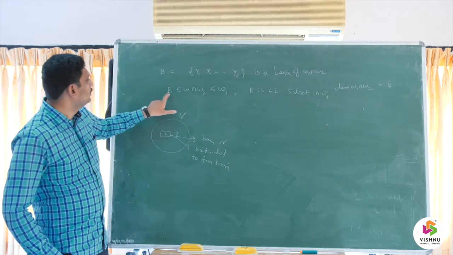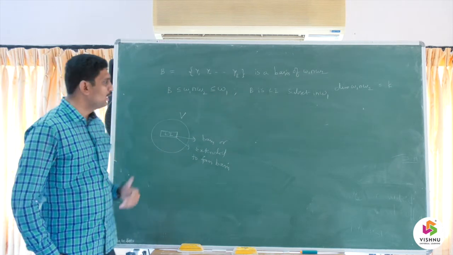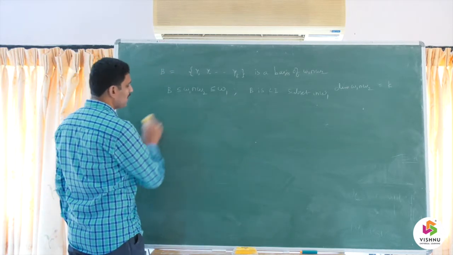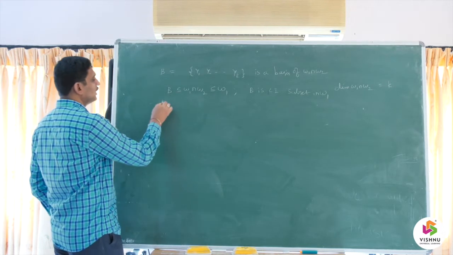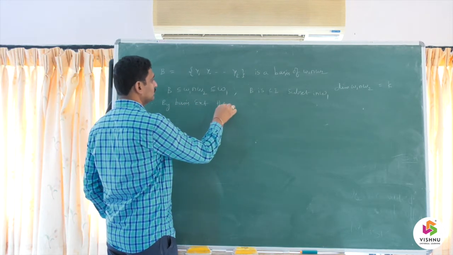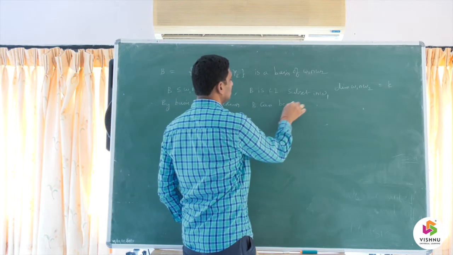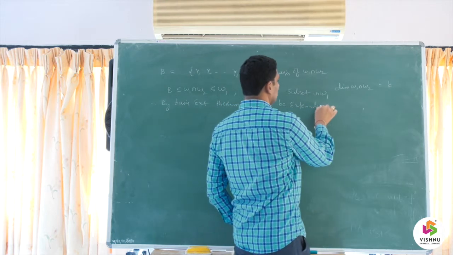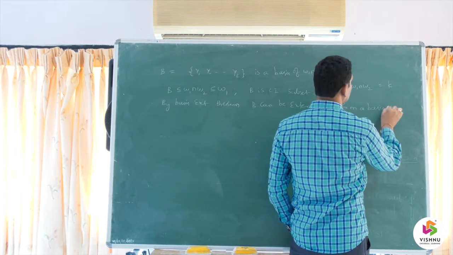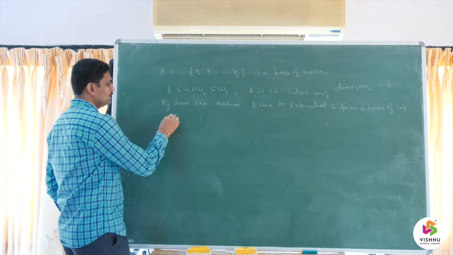So B is a linearly independent subset in W1. Therefore, by the basis extension theorem, B can be extended to form a basis of W1. Let us take that set as B1.